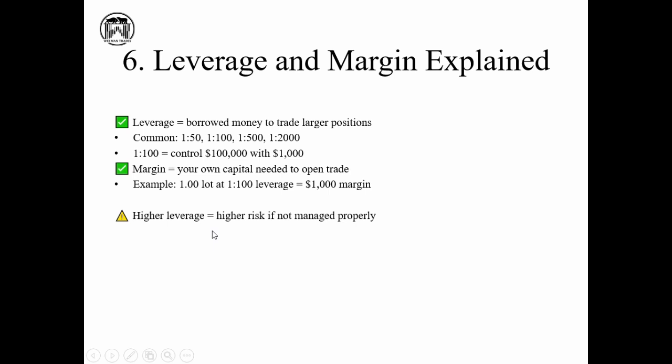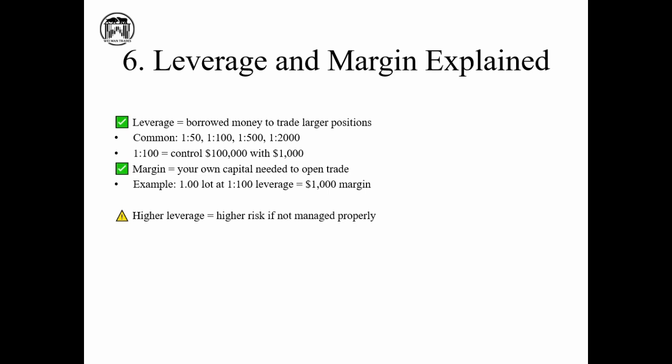Then we have leverage. I explained leverage yesterday. Leverage is money the broker gives you. Remember, you are able to trade huge volumes of money in the market with a small capital. For example, you're able to flip $10 to 30, to 40, to 50. That's because of leverage. And then margin is just your own capital that you need to open a trade.